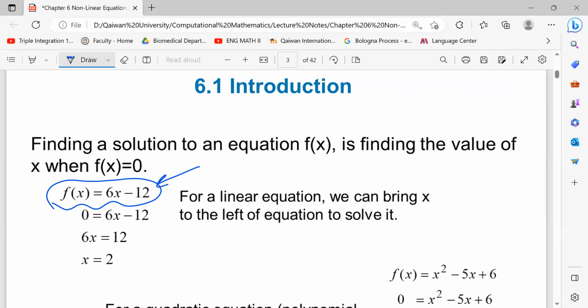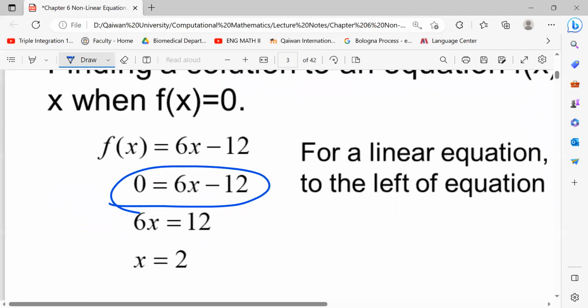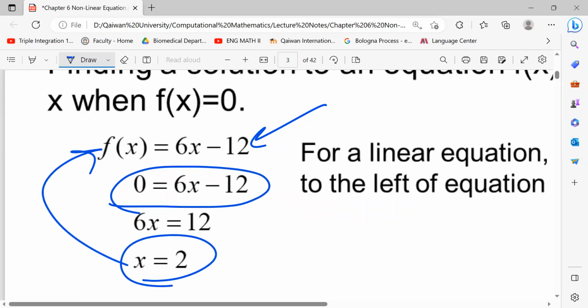You just need to find the value of the variable here, which is x. To solve this, we just equal the function to 0, and then we find the value of x. It's easy. The value of x here is called the solution for the given linear equation. Okay?